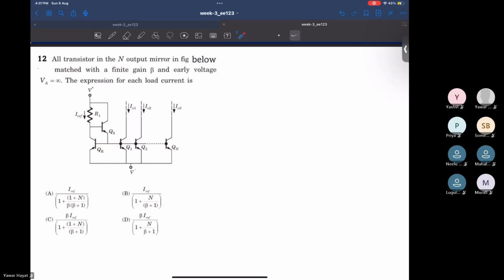So what I could say is, if this is my V plus, let me draw the current flow picture, right? Here, V plus, right? This is your R1. This is your IREF, right? This is the base of your QS transistor, right?